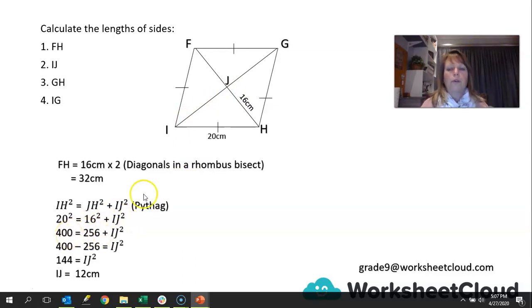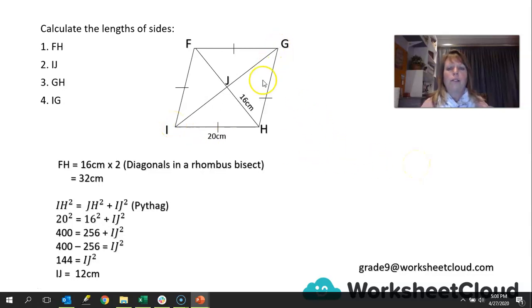So we're going to go 400, which is the 20 squared, 256, which is 16 squared. We're going to say 400 minus 256, which is going to give me RJ squared, my unknown side. And that's 144, but we have to square root that. We square root both sides, so we get RJ is equal to 12 centimeters. Okay, hope that didn't confuse you too much.